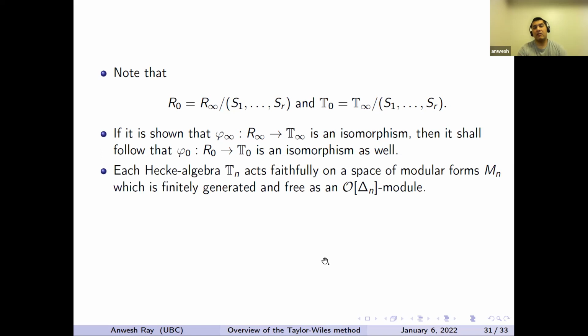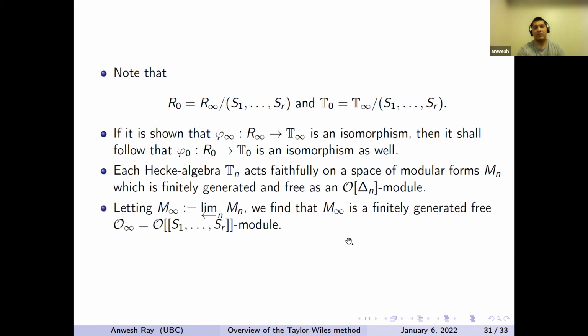Okay, so now why is this map phi infinity an isomorphism? The point is that the Hecke algebras act on spaces of modular forms. So Tn acts on a space of modular forms, which is finitely generated and free as an O delta n module. Let Mn be the space of modular forms on which Tn acts, and let M infinity be the inverse limit of these Mn's.